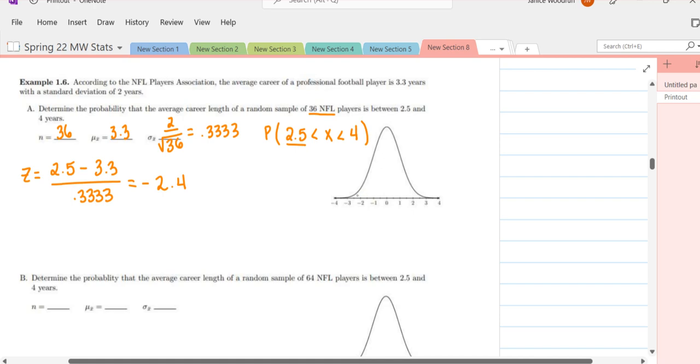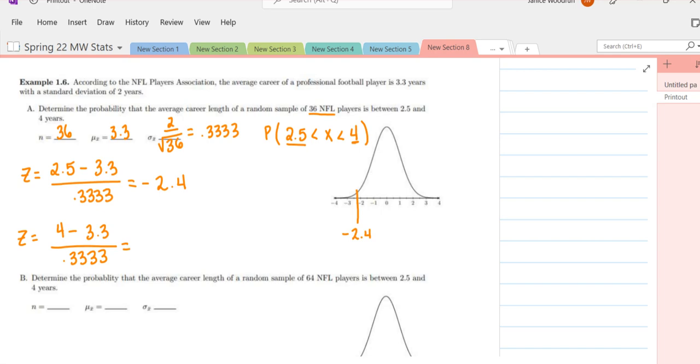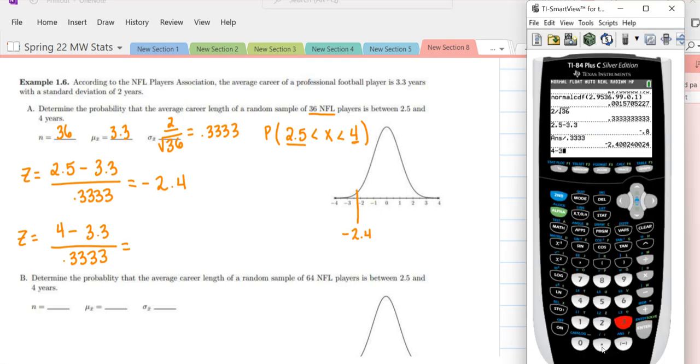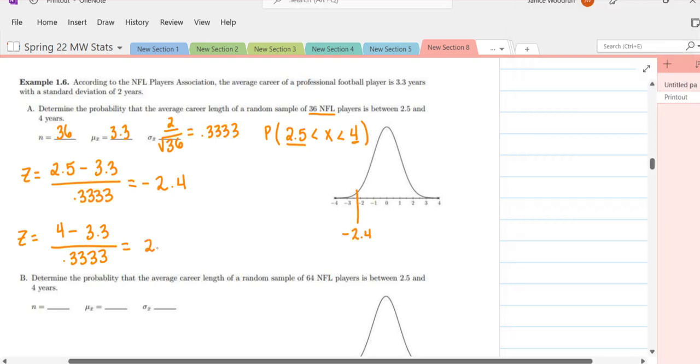Okay, so negative 2.4 about right here. Then our second z-score is for the 4. So it's going to be 4 minus 3.3 over 0.3333. It's going to give us positive 2.1. So about right here.